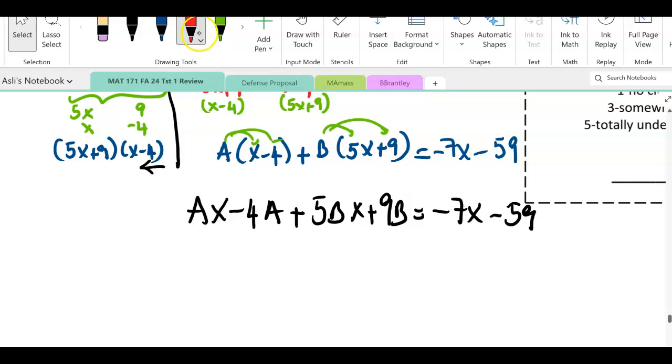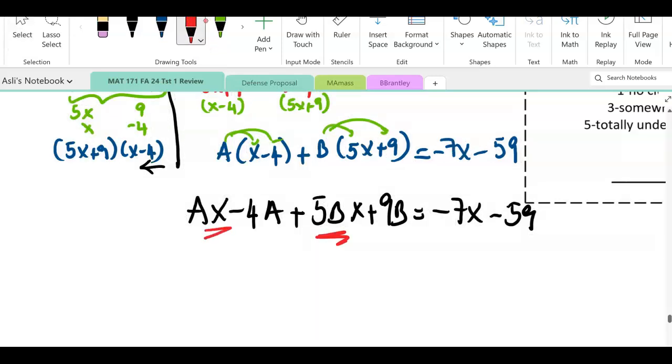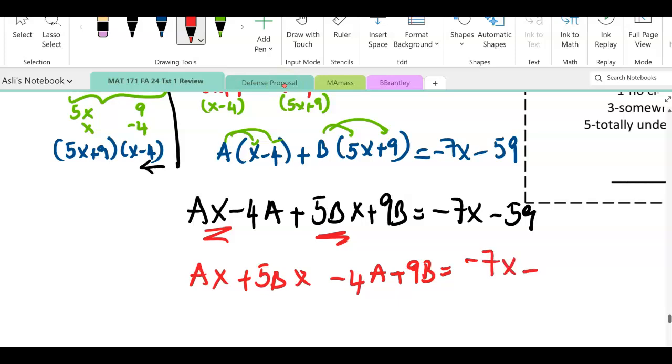Then here, there's some cleanup. I need to get x terms together. So ax plus 5bx, -4a plus 9b. I'm just grouping them. And we keep writing this -7x and minus 59.